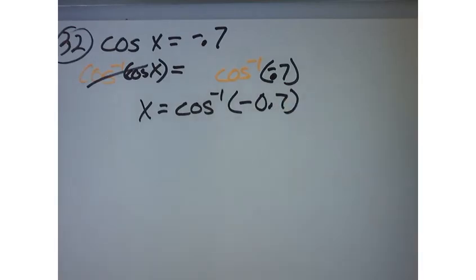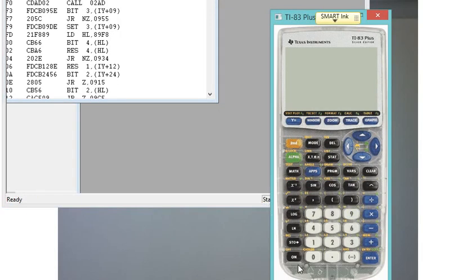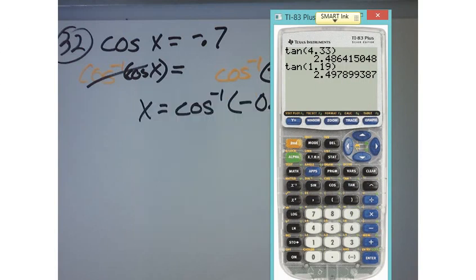And so I can enter that in my calculator and get a value for that right off, rather quickly. So if I hit arc cosine 0.7, oh, it's negative, sorry. Negative 0.7.